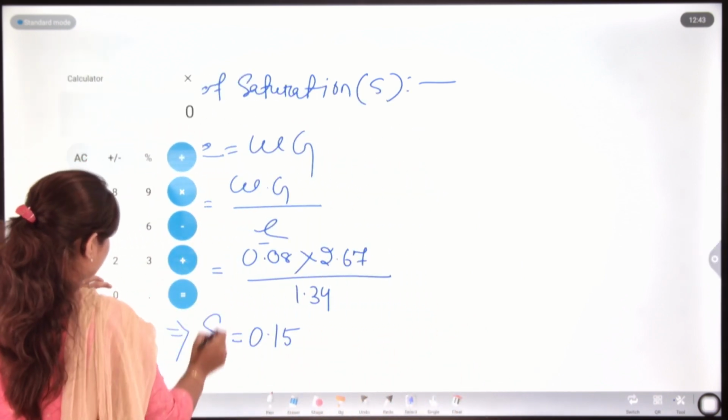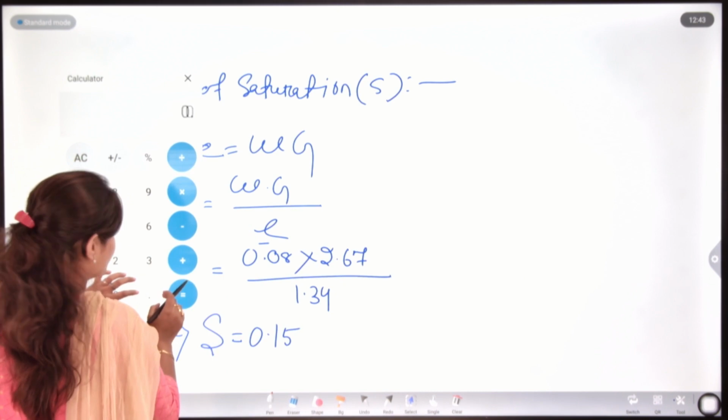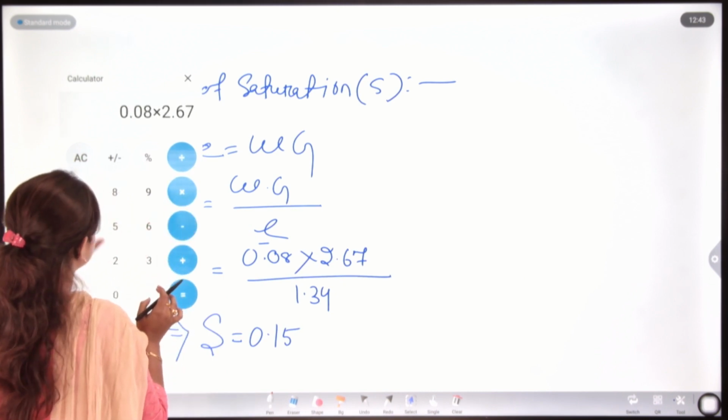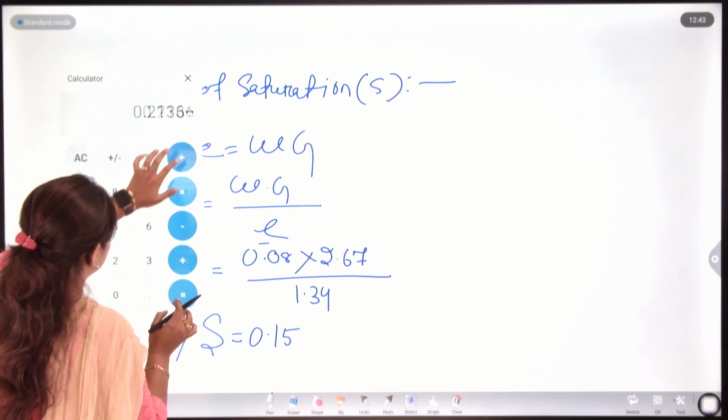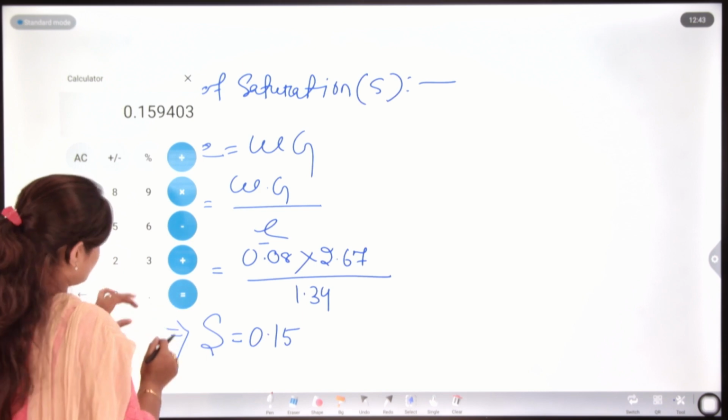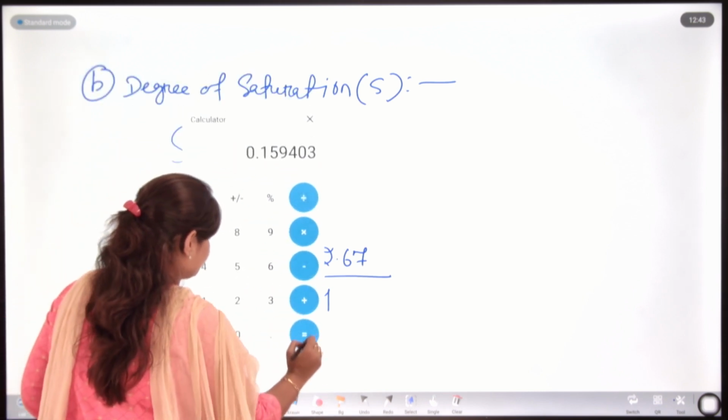Calculating another time, 0.08 into 2.67 upon 1.34, 0.15. Okay, correct.